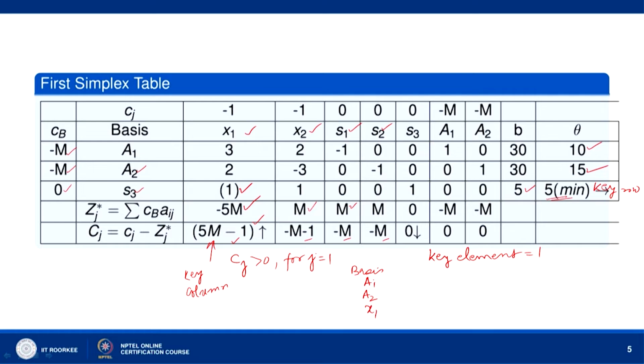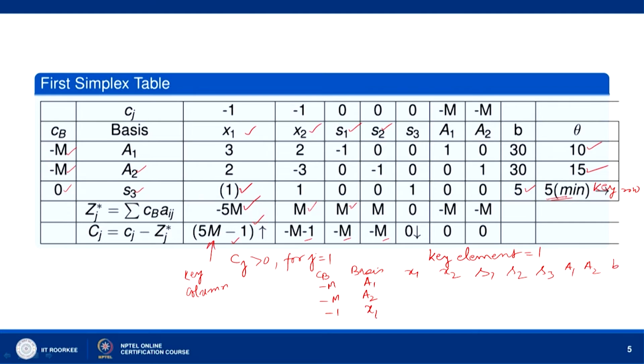Coefficient of a 1 is minus m in the objective function. So, minus m here, coefficient of a 2 is minus m here, coefficient of x 1 is minus 1. So, we put minus 1 here, and then we have x 1, x 2, s 1, s 2, s 3, a 1, a 2, b.